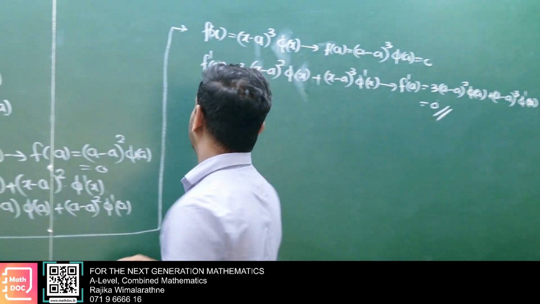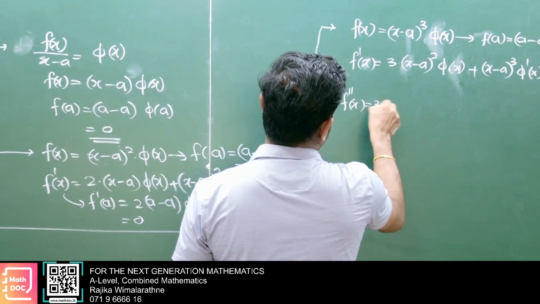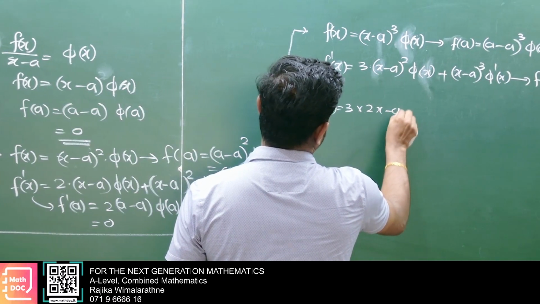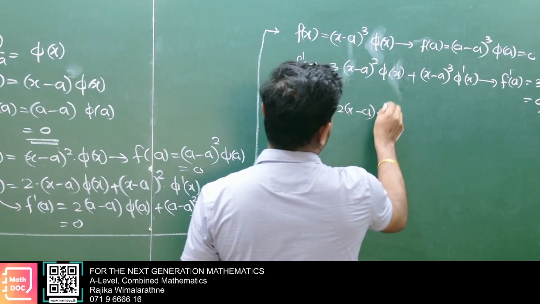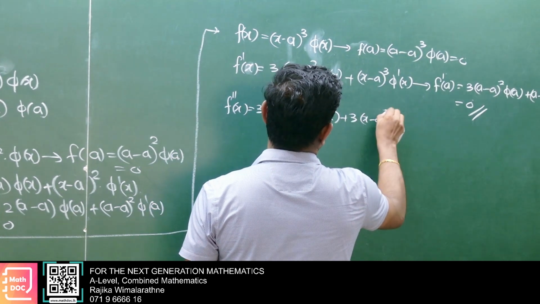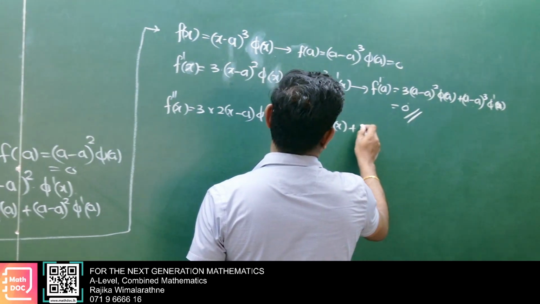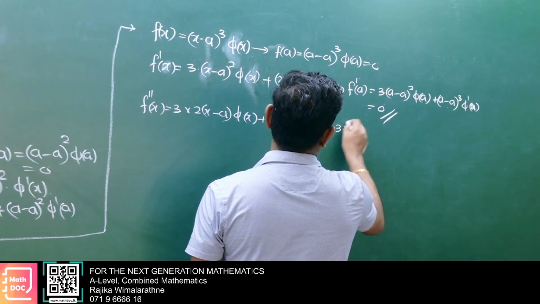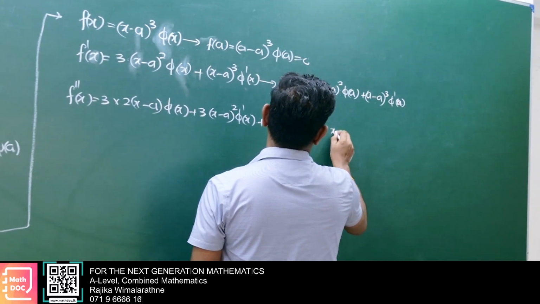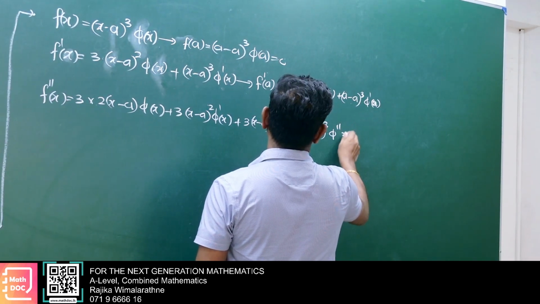Then further differentiate, f double dash x: 3 into, here derivative 2 into (x minus a) phi(x), plus 3 into (x minus a) squared phi dash x, plus here product 3 into (x minus a) squared phi dash x plus (x minus a) cubed into phi double dash x.